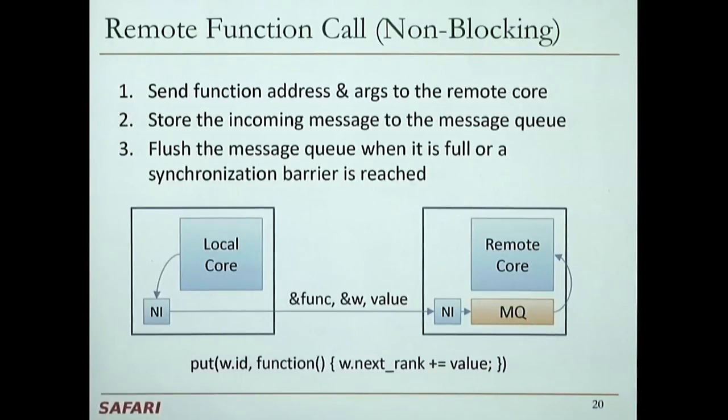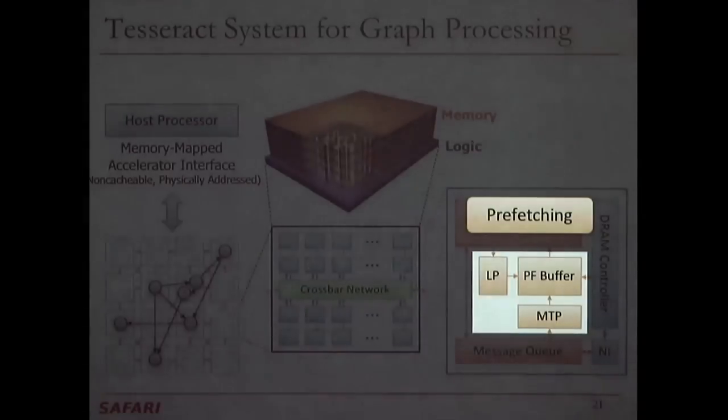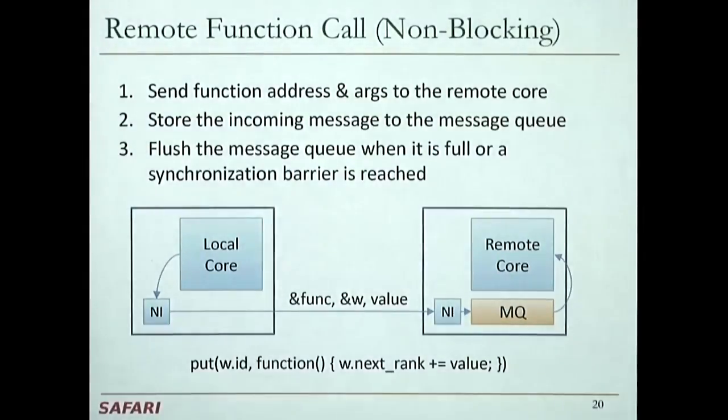And then it needs to flush the message queue when the message queue is full, of course, or when a barrier is reached. So you can read the details in the paper. These are design details, actually. But essentially, it's a remote function call. Does that make sense? You send a message to where the data resides. And the message consists of the function address as well as the arguments to the function. OK, so this is the messaging part.